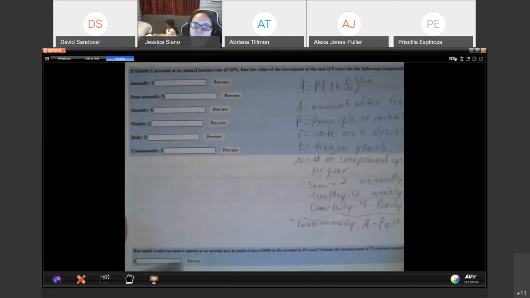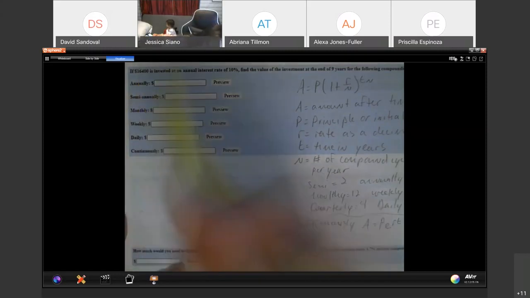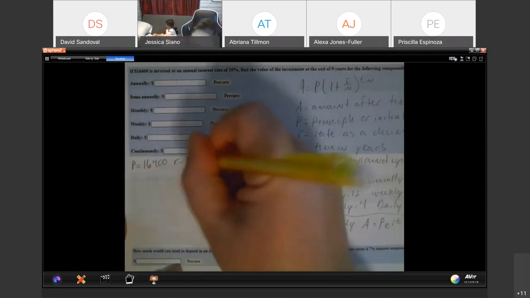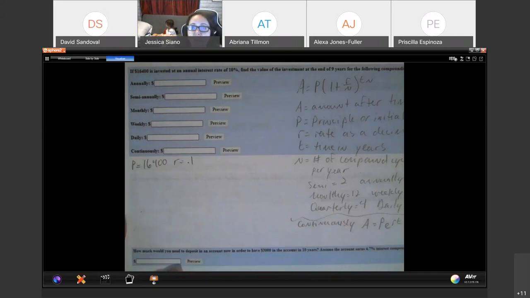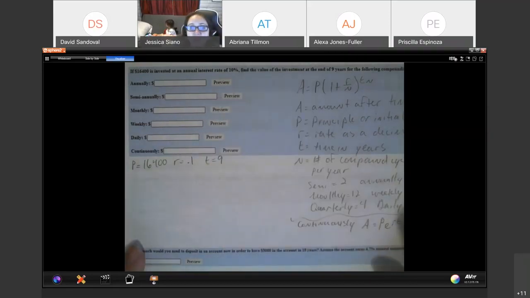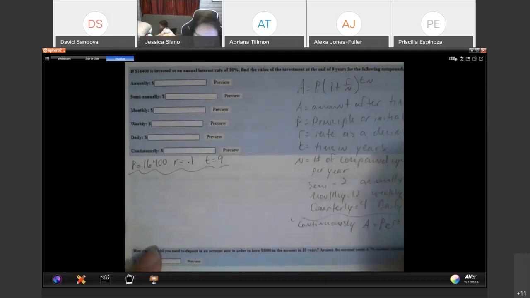So here, first of all, we have 16,400 as my principal at a rate of 10%, so r is 0.1. The value of the investment after 9 years, so t is 9. That's going to be the same every time for all of these.